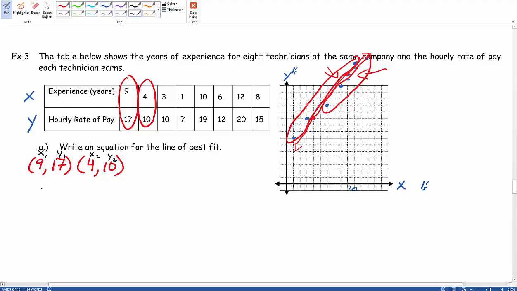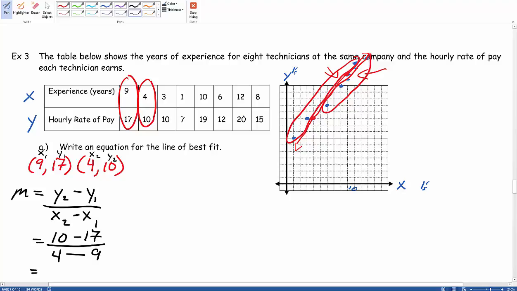So then it looks like we end up with our m is y2 minus y1 over x2 minus x1. Our y2 here is 10, minus our y1, which is 17, all over our x2, here it is 4, minus our x1 being 9. 10 minus 17 gives us negative 7. 4 minus 9 gives us negative 5.